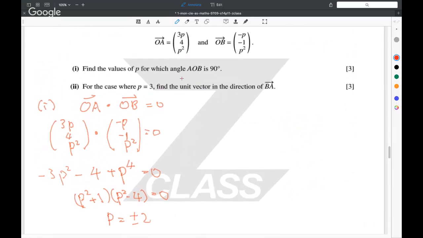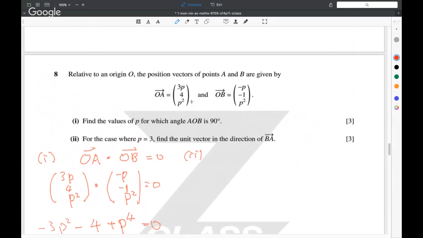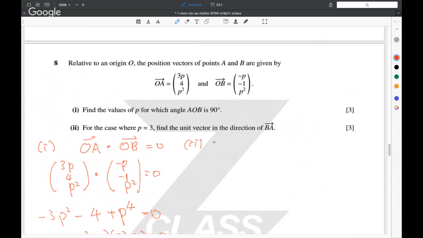For the second question, we are asked that now if p is equal to 3, what's the unit vector in the direction of BA? So we need to first find BA, and BA is the same as OB minus OA.